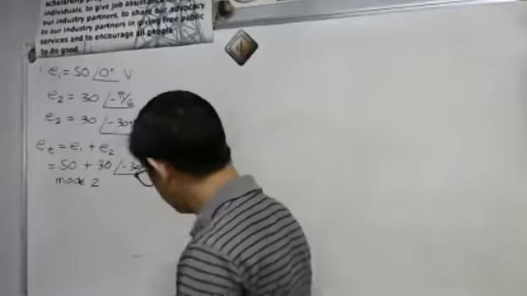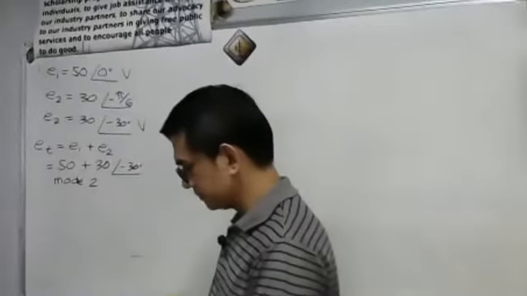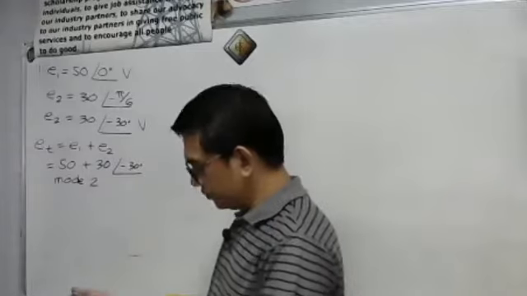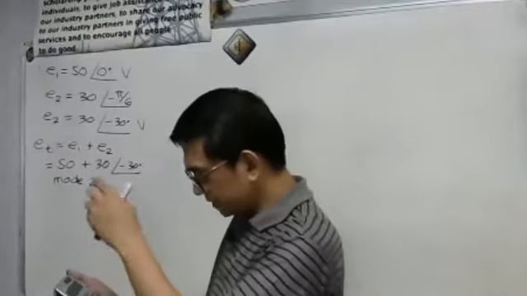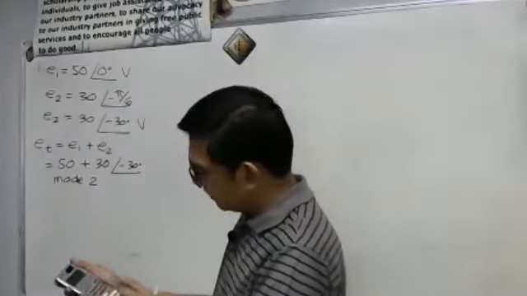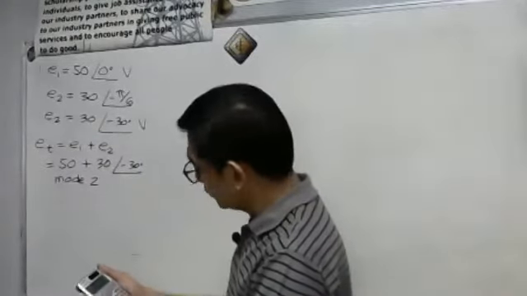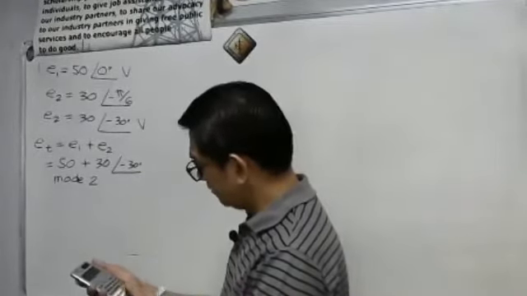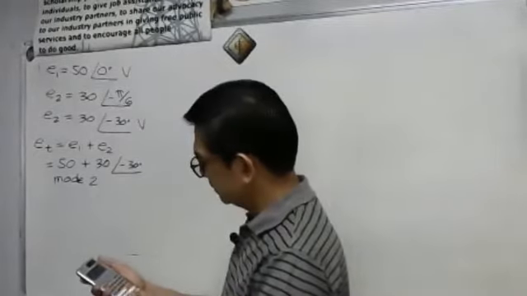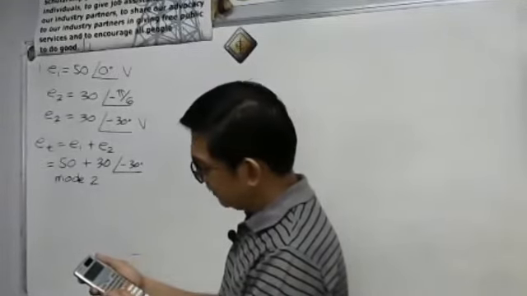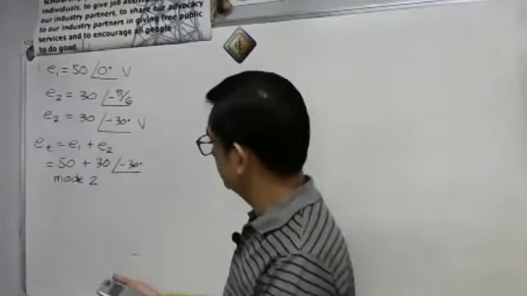Okay? So, put your calculator in mode 2. Okay, pindutin lang, ha? Okay. Mode 2. The mode is on the upper right corner, no? That is near to the replay button. Mode 2, that is a complex number. So, put here 50. And then plus 30. Okay? Shift. You press now shift. Negative.